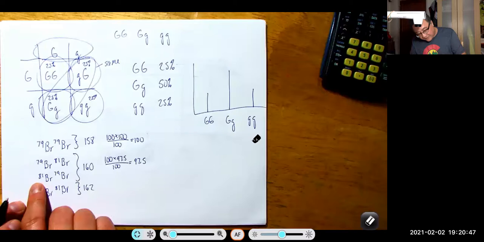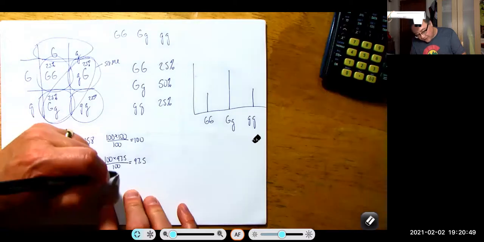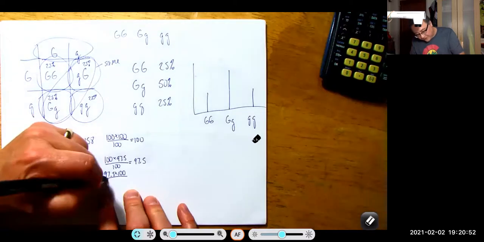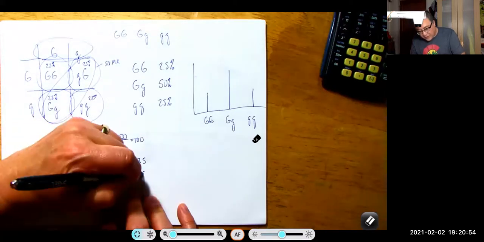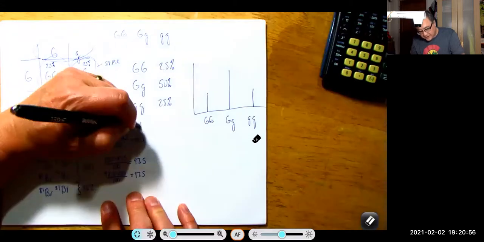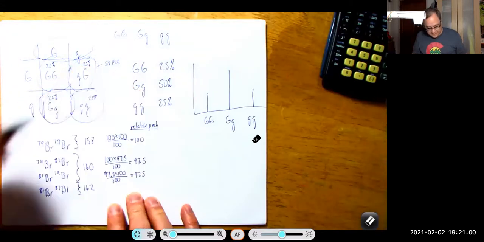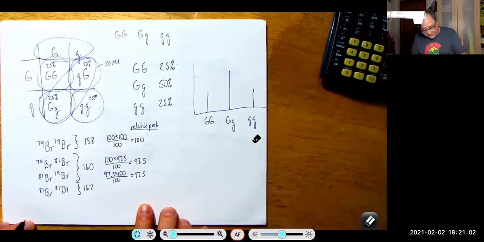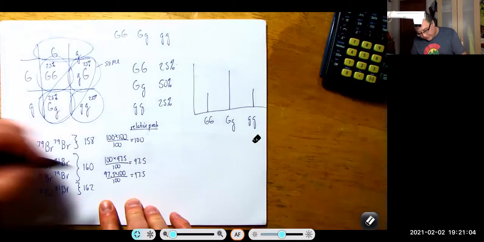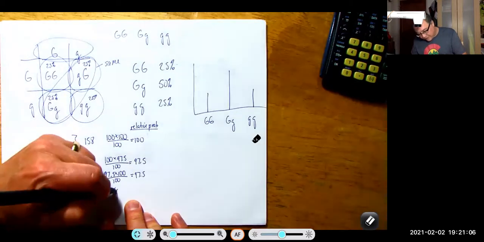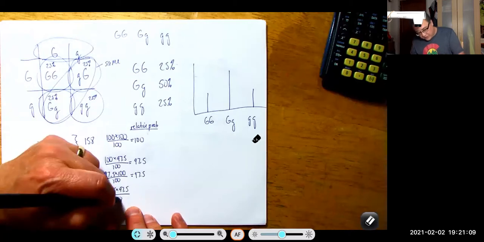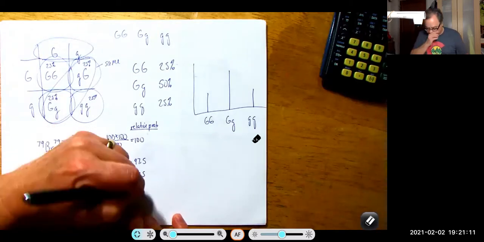Well, it's 97.5 times 100 over 100, which is 97.5. So these are relative probabilities right here. And what is the probability of getting this 162? Well, it's 97.5 times 97.5 over 100, which we're going to call 95.1.